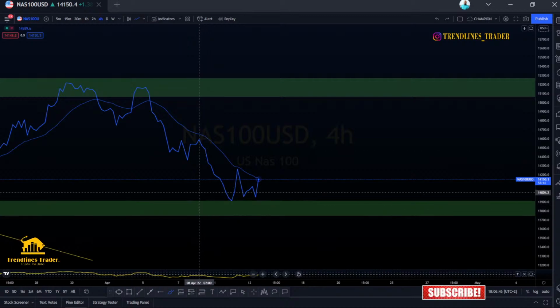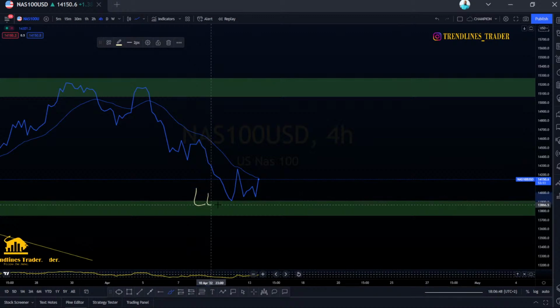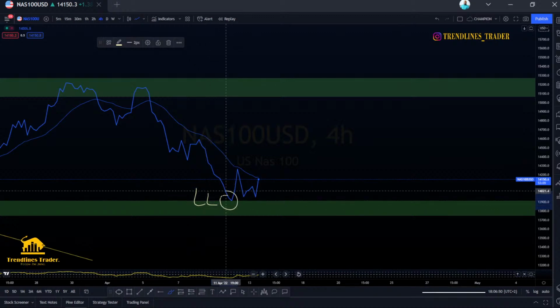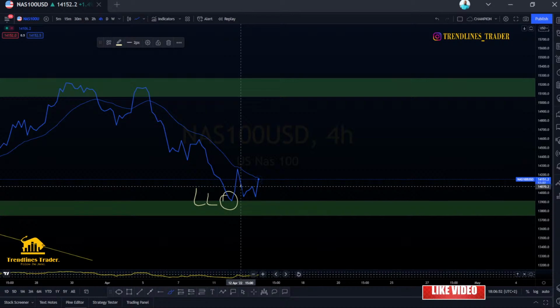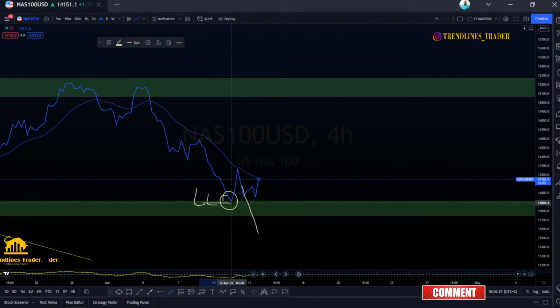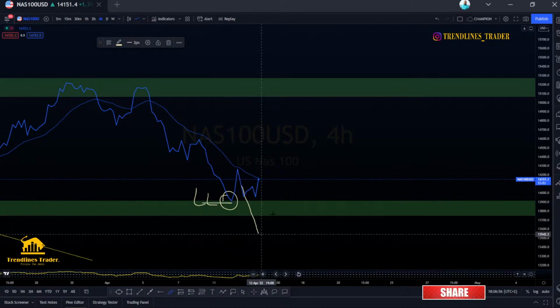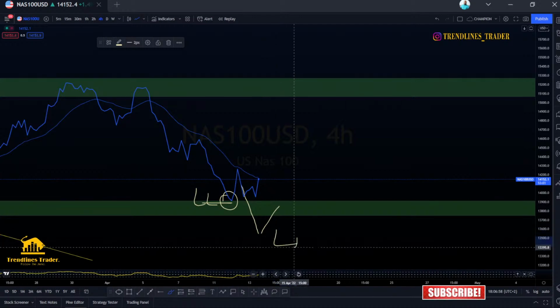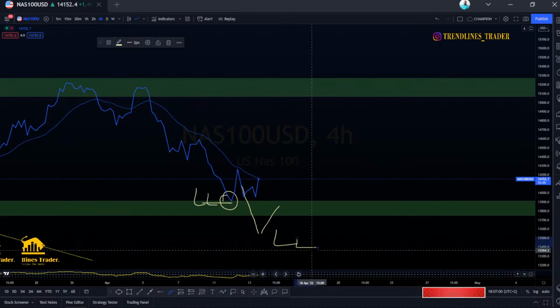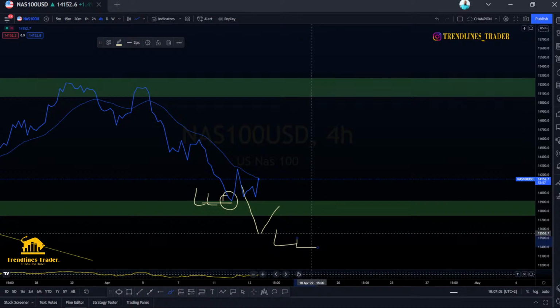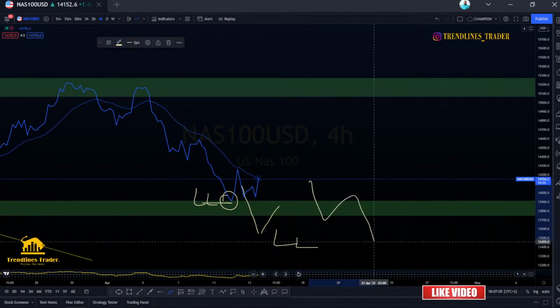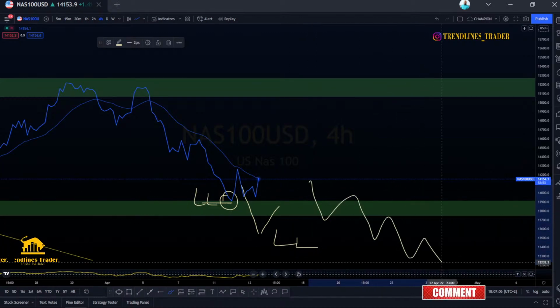If you remember your reversal, this is a lower low, this area right here, and the price, instead of breaking this lower low to give us another lower low, we will be saying the price is continuing with your bearish trend.